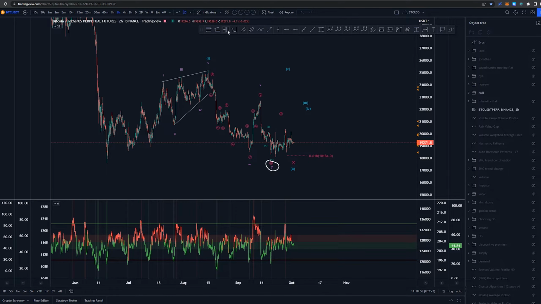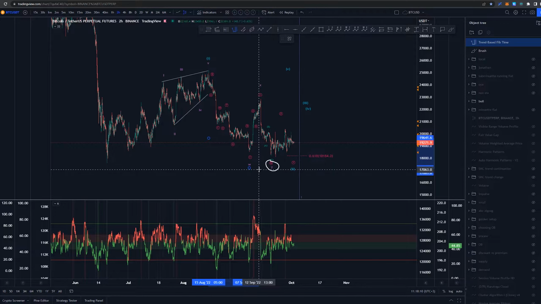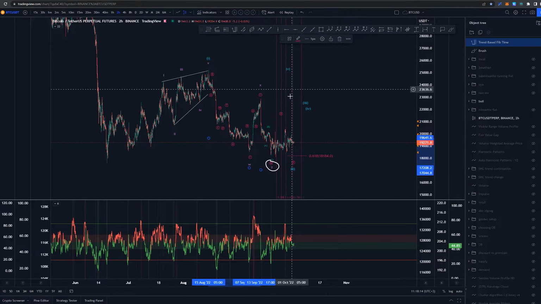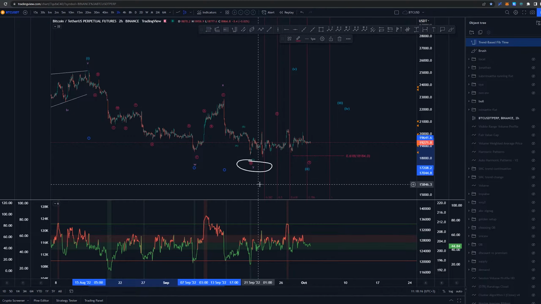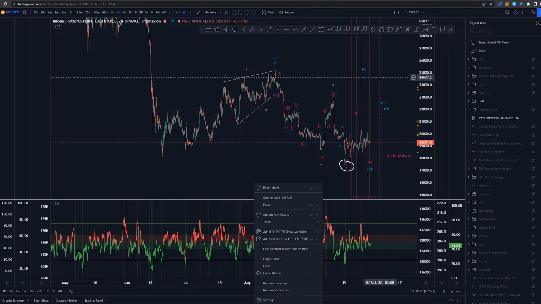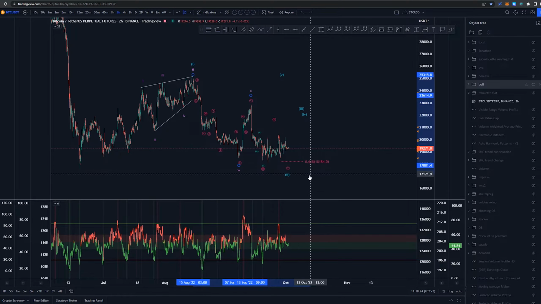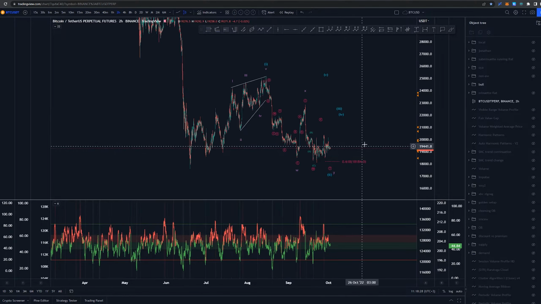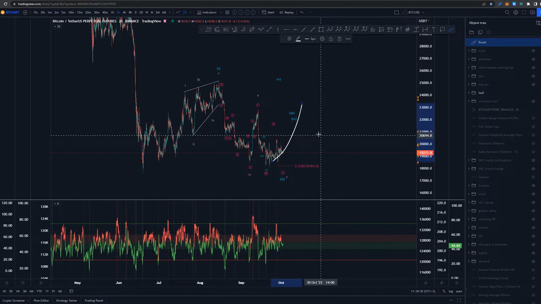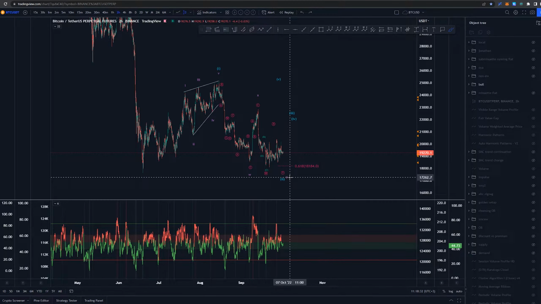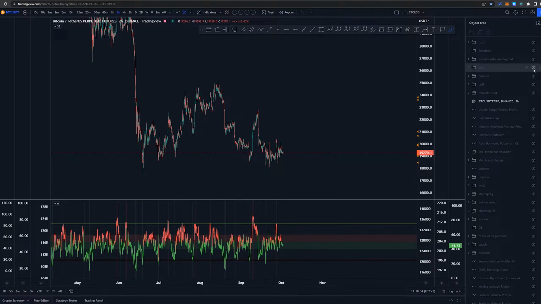If we look at the time analysis, comparing the time it took to create the W wave to the wave Y, we can see that it is so much smaller. It doesn't even take a third of the time, which is generally the minimum we want to see for this to happen. So that's why I don't really like this at all. But climbing higher would be the most important thing here for this to still be alive.